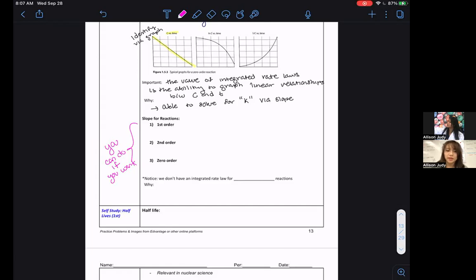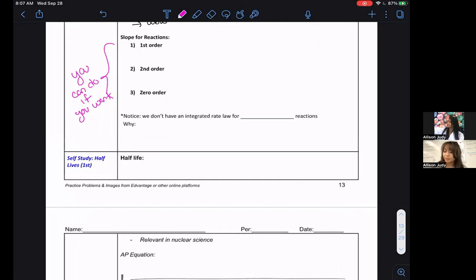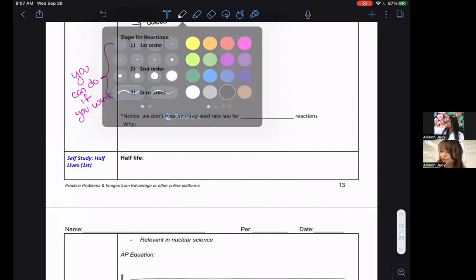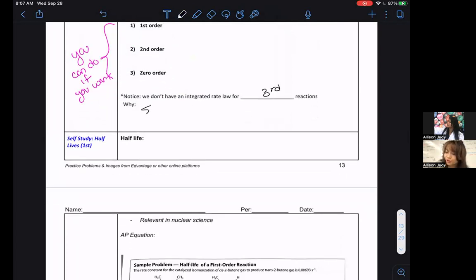All right. Final thing I want to say is about rate laws, and then I'm going to jump into half-life, which is only for AP exam takers. Notice we don't have an integrated rate law for third order reactions, right? And you're like, whoa, what happened to that? Here's why. Remember that third order can only be achieved through the sum of the reaction orders.